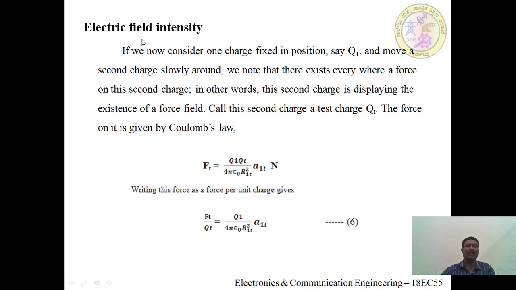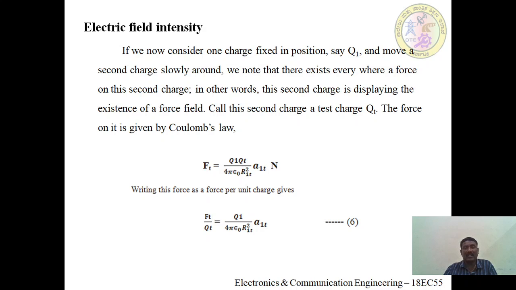Now let us define electric field intensity. For defining electric field intensity, let us consider one charge at a fixed position, say Q1, and another charge moving around the charge Q1.